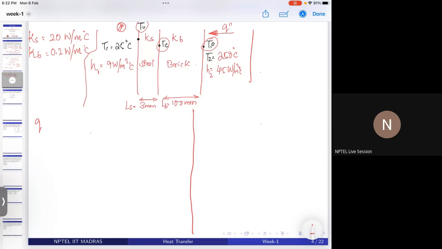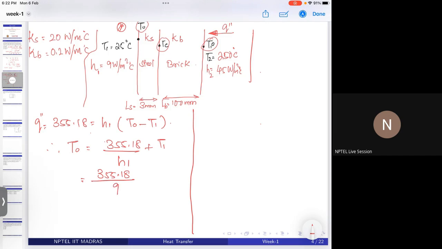So the heat flux is already known, that is 355.18, which is equal to H1 times T0 minus T1. T1 we already know. So T0 is equal to 355.18 divided by H1 plus T1, right? What is 355.18 divided by H1, 9, plus T1, 25? How much will it be?